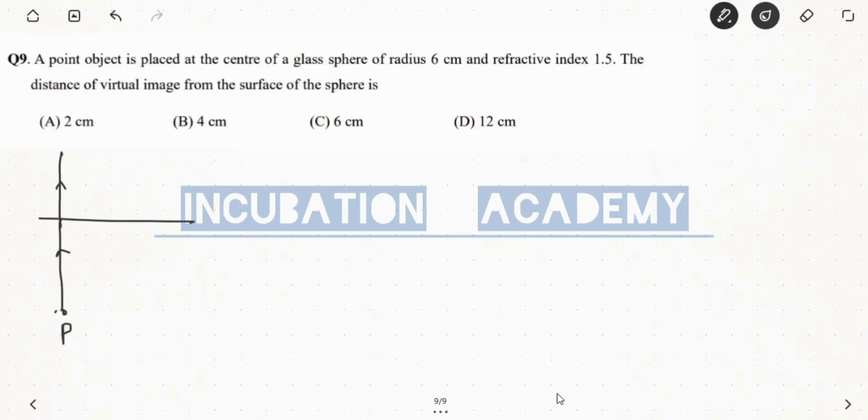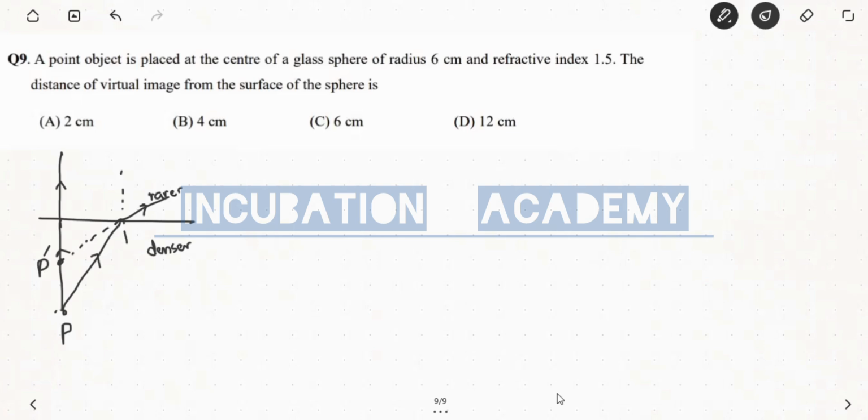But the light which falls on the surface at an angle, coming from the denser to the rarer medium, what will happen? Obviously the light ray will bend away from the normal. If a person from outside, who is in a rarer medium, wants to observe this, he can't observe the point P at its position.